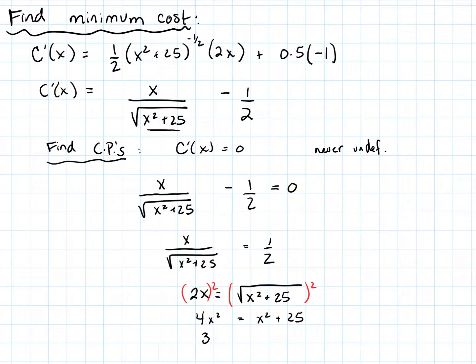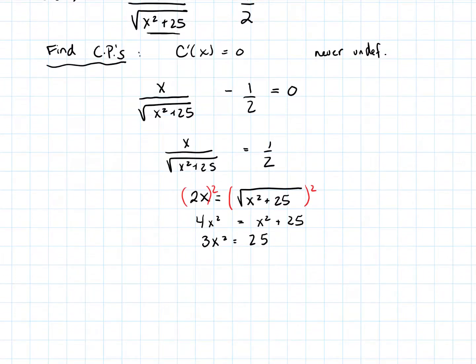Subtract the x squared, so I get 3x squared equals 25. So x squared equals 25 over 3, and x is equal to plus or minus 5 over root 3. X being a distance, though, of course, right? That's out of domain.